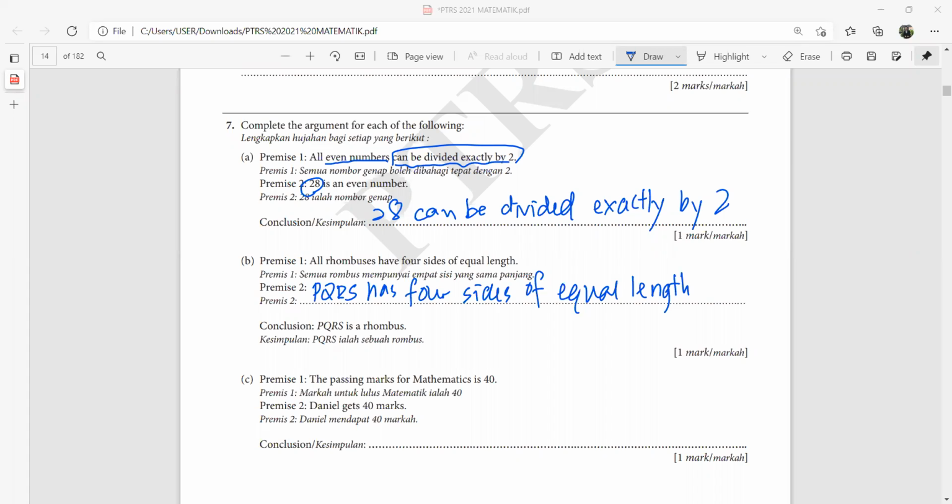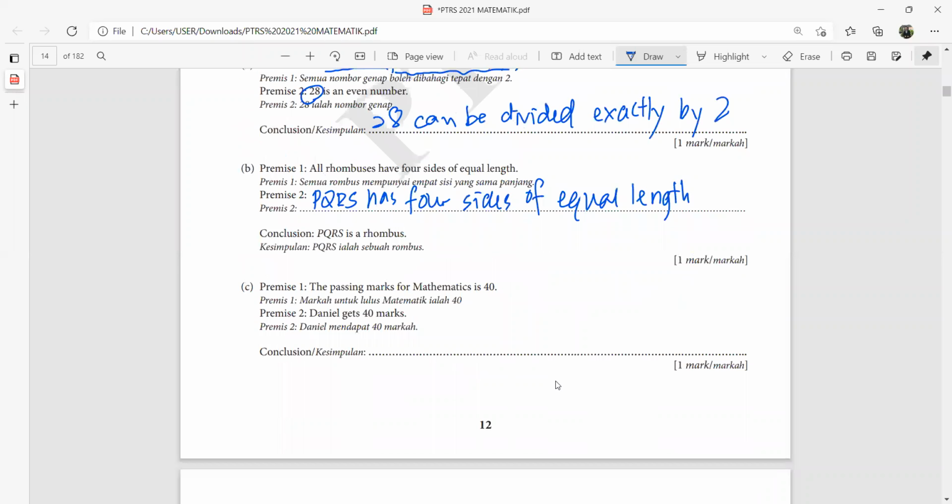What is the answer of the next? Very good, I saw Yi Cheng. Okay, Enki, your answer.